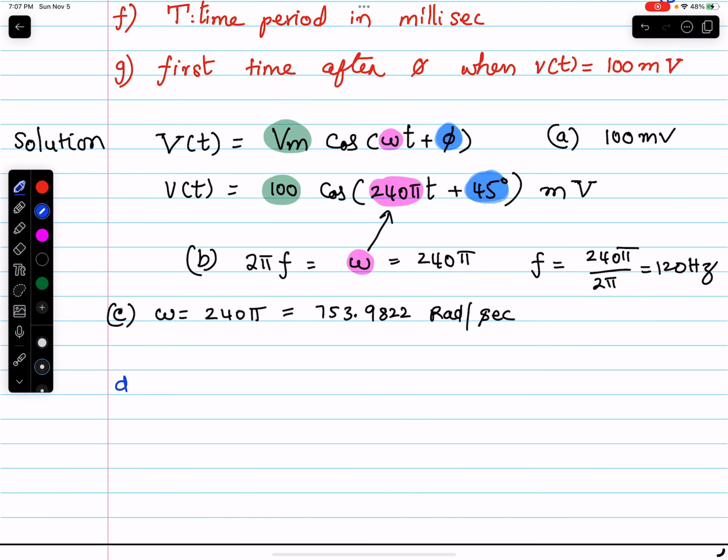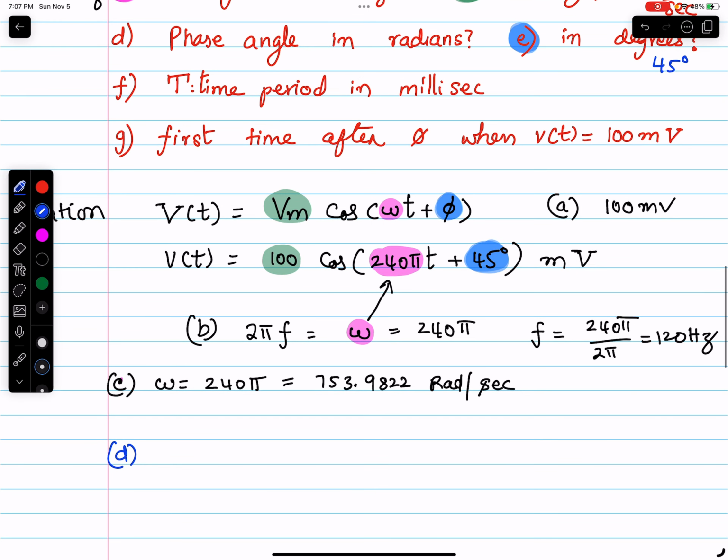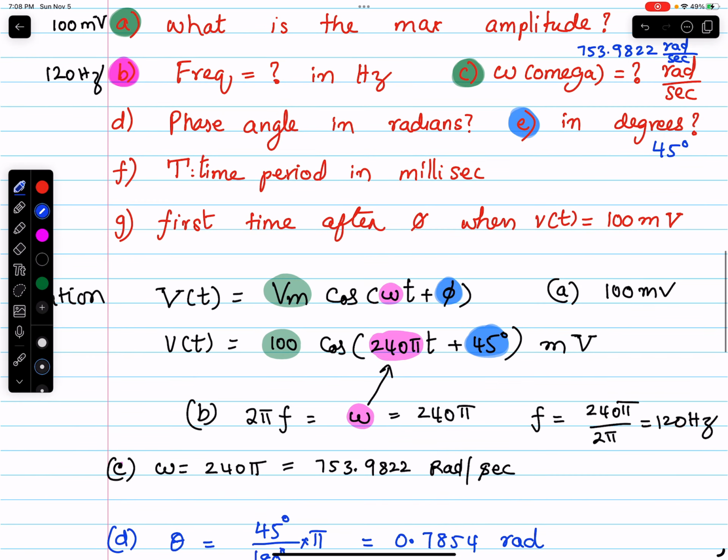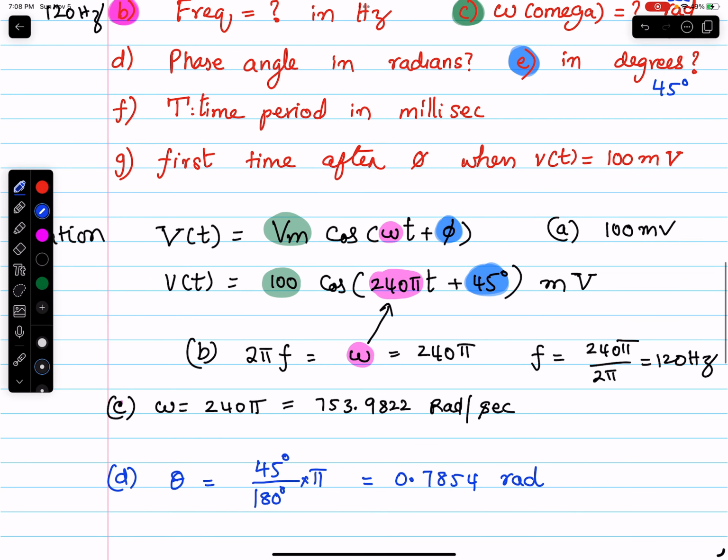In order to calculate D, which is phase angle in radians, phi divided by 180 degrees times pi, right? 180 degrees is pi radians. 45 degrees is 45 by 180 times pi radians. So that comes out to be 0.7854 radians.